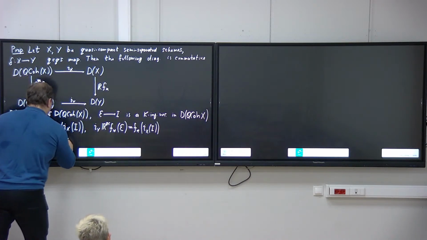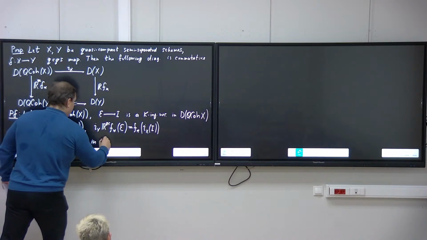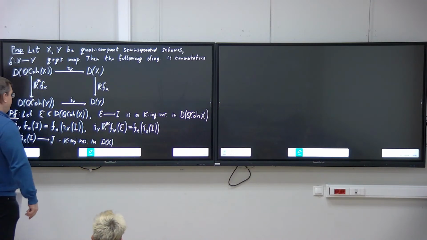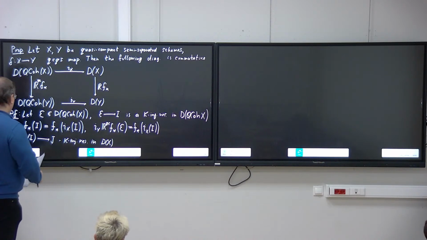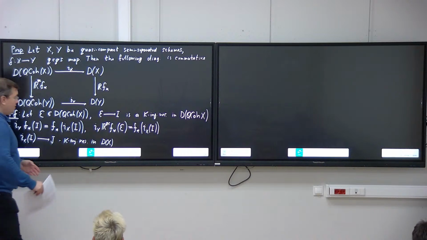So this is a K-injective resolution in the D of x, right? Well, and then what I can do, I can take this resolution and apply the functor F lower star to both sides.